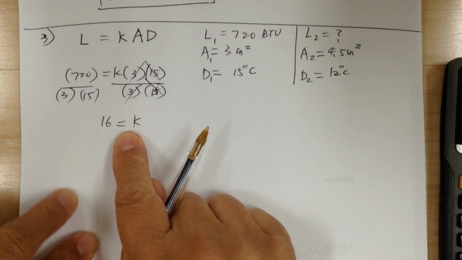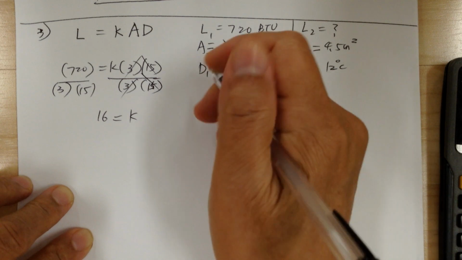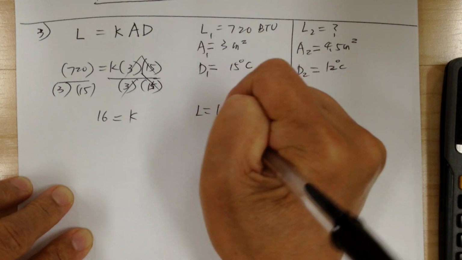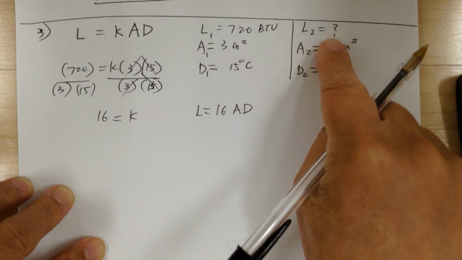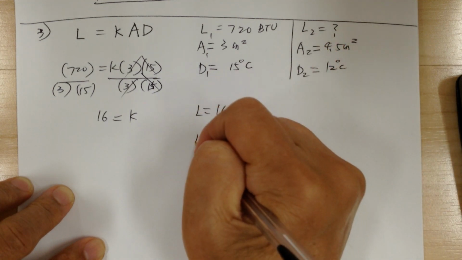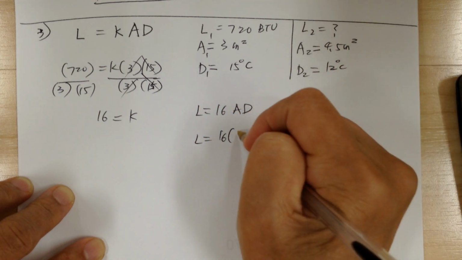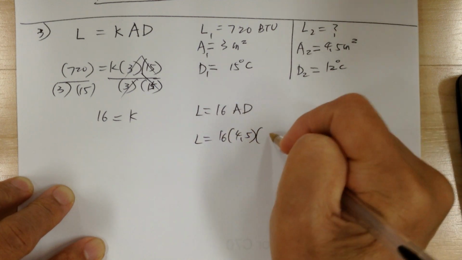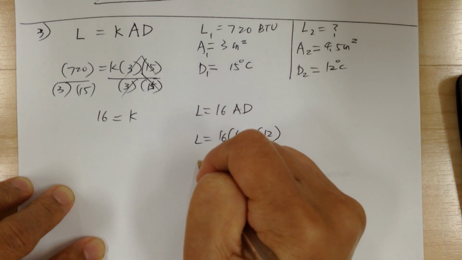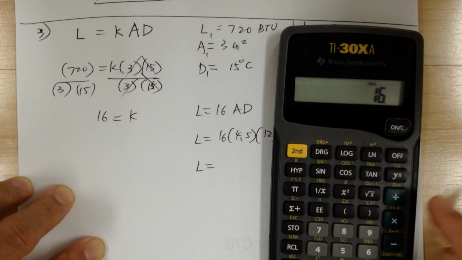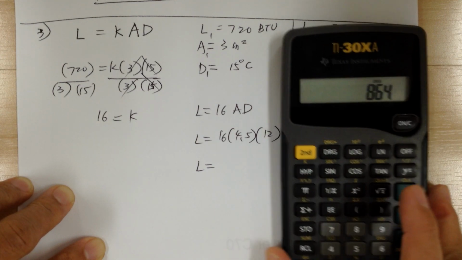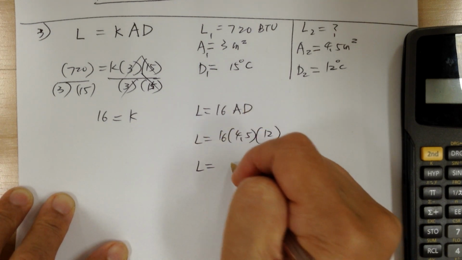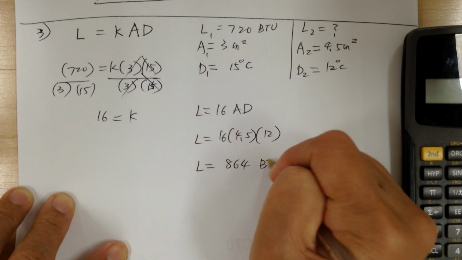So once you find K equal to 16, you update your equation. So L equal to 16 AD. Okay, now you can use that to solve this part over here. So L equal to 16 times the area, 4.5, times the temperature difference, 12. Okay, so the answer would be 864 BTU.